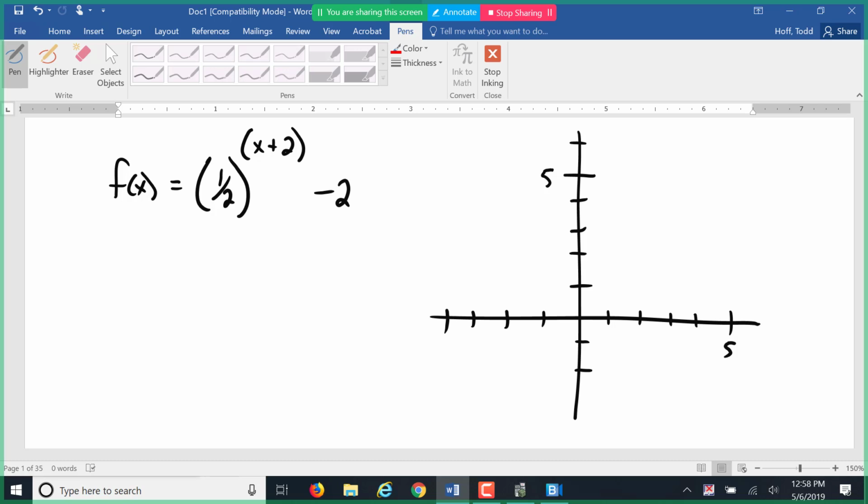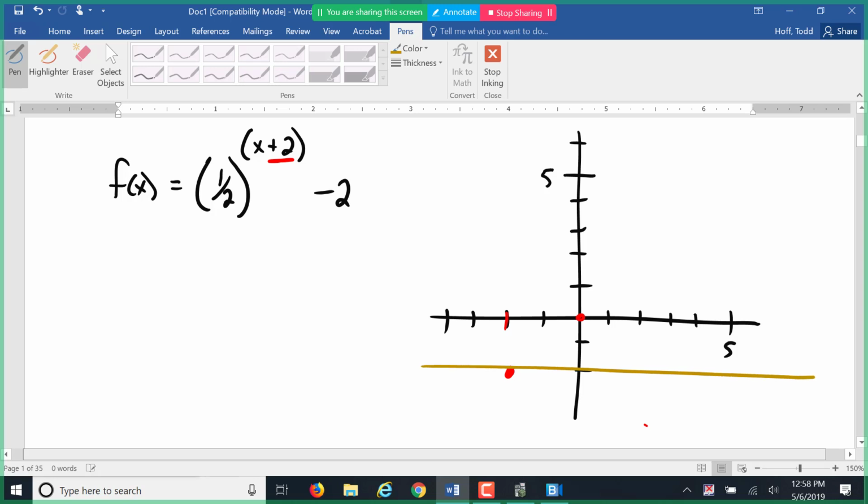So where does the origin of our graph shift to? Instead of being at 0, 0, it's going to shift to where? Perfect. -2, -2, right there. So I'm going to draw that in as an asymptote across there at y equals -2.